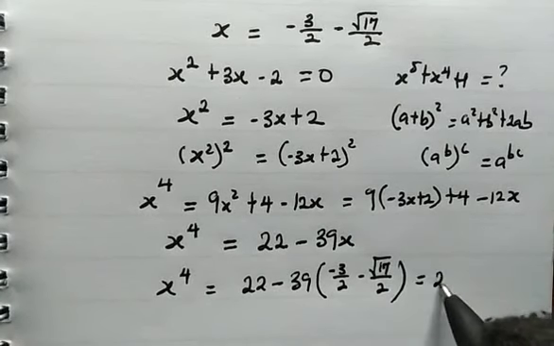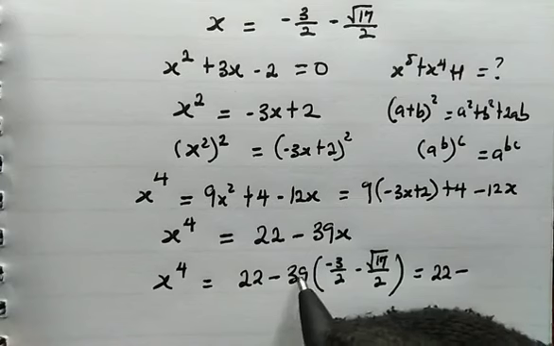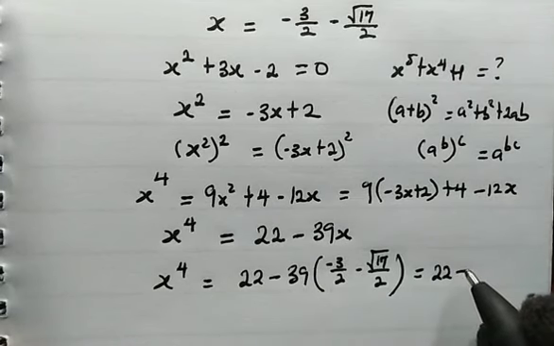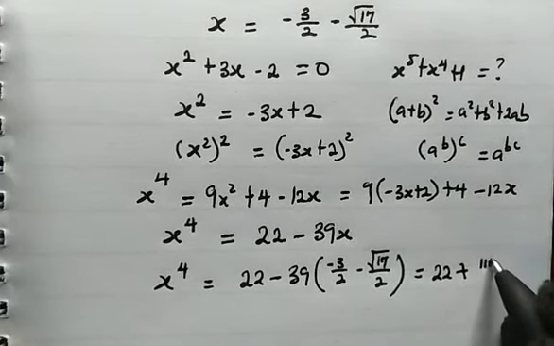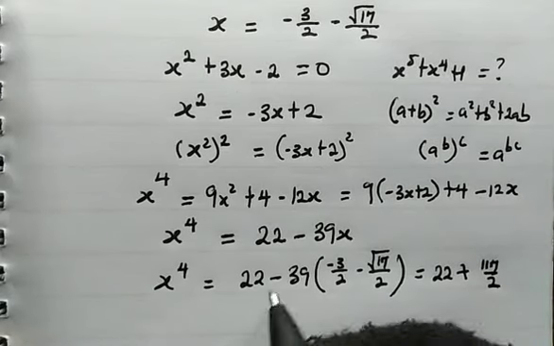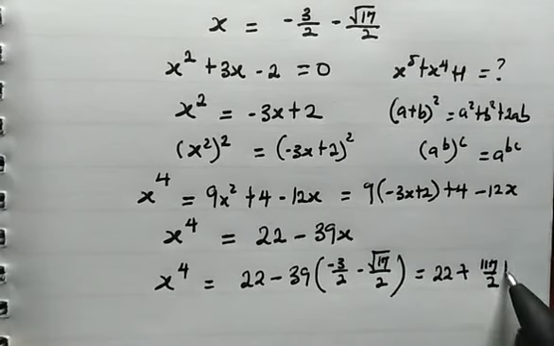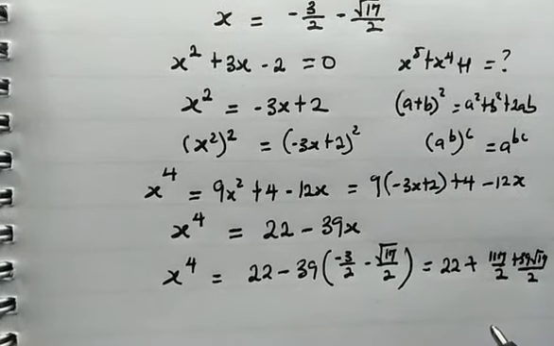From here we get 22 minus 39: negative 39 times negative 3 will give us positive 117, so that becomes plus 117 all over 2. Then negative 39 times negative root 17 over 2 will give us plus 39 root of 17 all over 2.